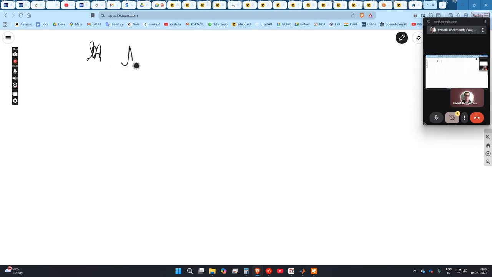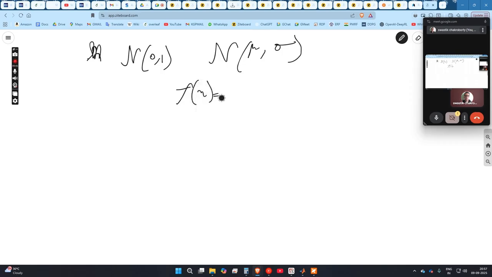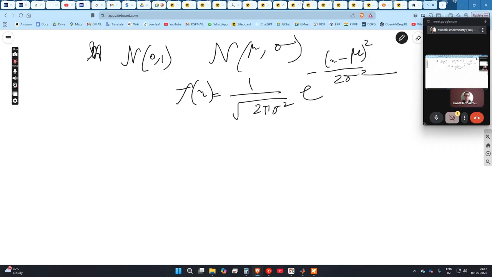So normal distribution means N(0,1), or rather generally speaking, N(mu, sigma). This means that the probability density function is 1 by root 2 pi sigma square e to the power minus (x minus mu) whole square by 2 sigma square. So this is the normal distribution.